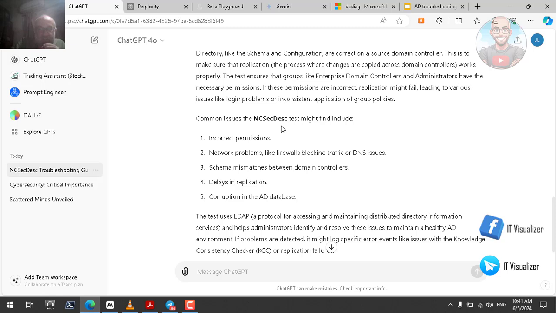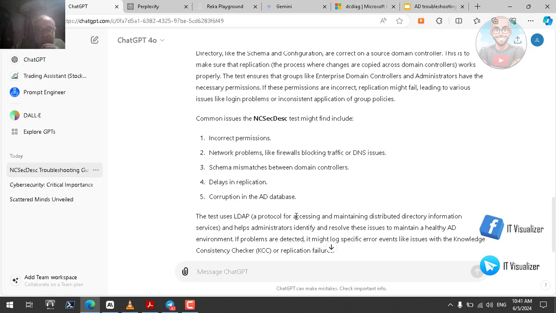He can find, if the test failed, that means this test found incorrect permissions, network problems like firewalls blocking traffic or DNS issues. If it failed, the test will state that maybe the test failed because of incorrect permissions, network problems, schema mismatch between domain controllers, delays in replication, corruption in the Active Directory database.